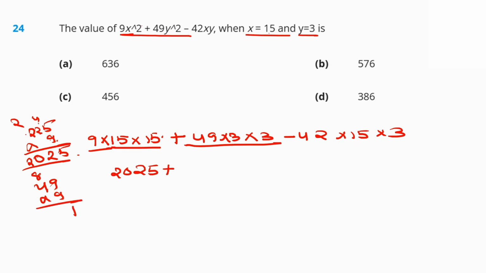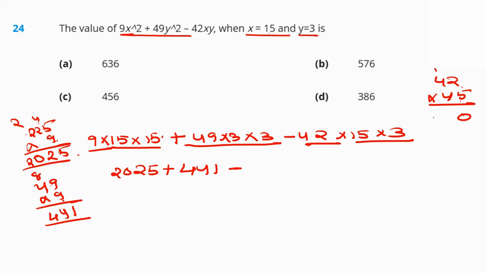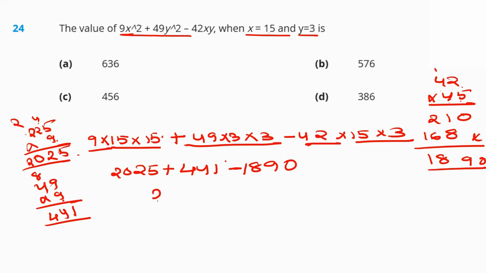49, 9 times: 9 nines are 81, 9 fours are 36 plus 8 is 44. That's 441. Minus 42 into 15 threes, which is 45. So you can do it directly, 42 into 45, which is 1,890. 2025 plus 441 is 2,466.